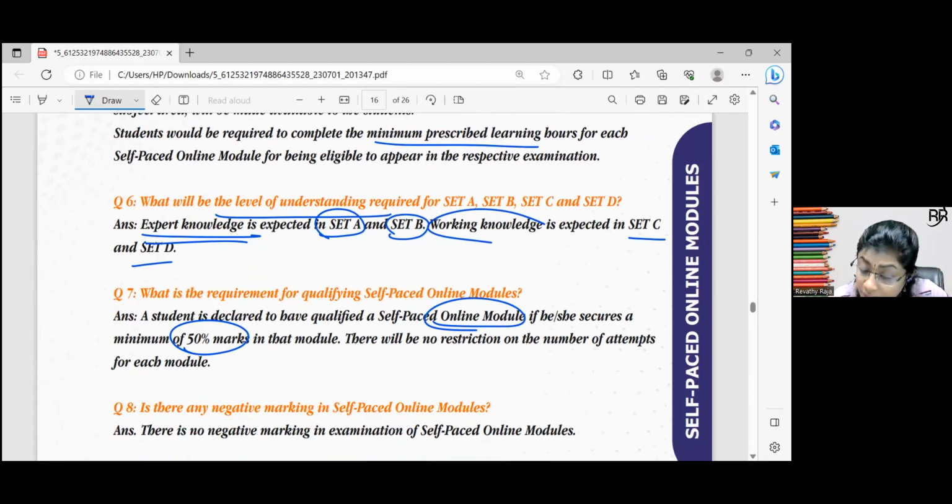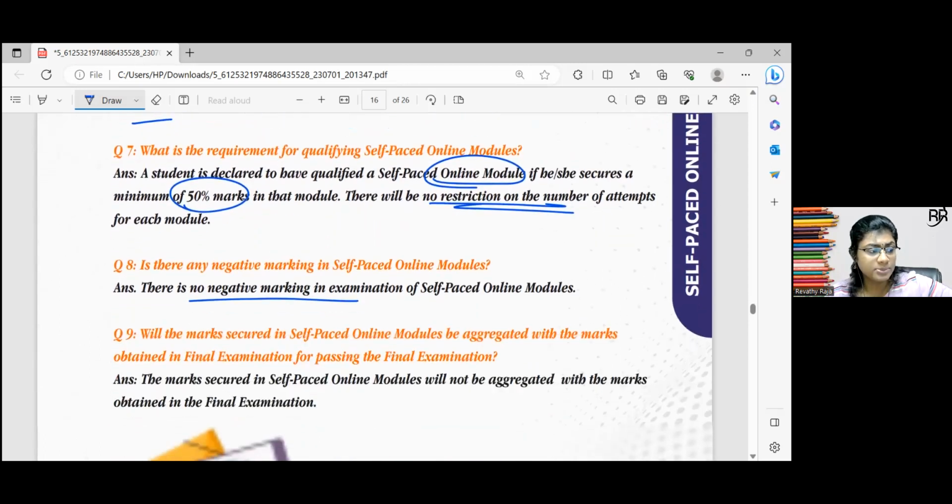There is no negative marking. It will be MCQ based, and there is no restriction on the number of attempts also. So 50% is the criteria, online, MCQ model, no negative marking, and no restriction on attempts.